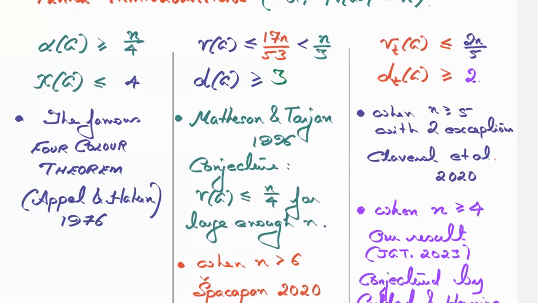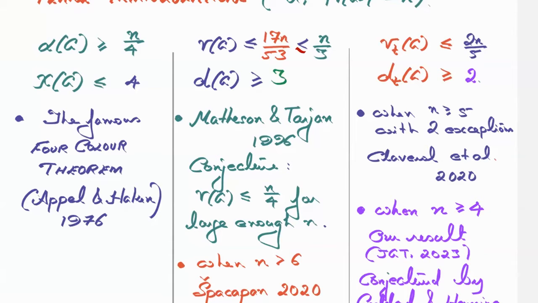Since each of these 3 parts is a dominating set, if you take the smallest among these 3 parts, its size is going to be at most n by 3. Using this idea, Matheson and Tarjan concluded that the domination number of a plane triangulation, gamma G, is at most n by 3, by taking the smaller among the 3 color classes, right?